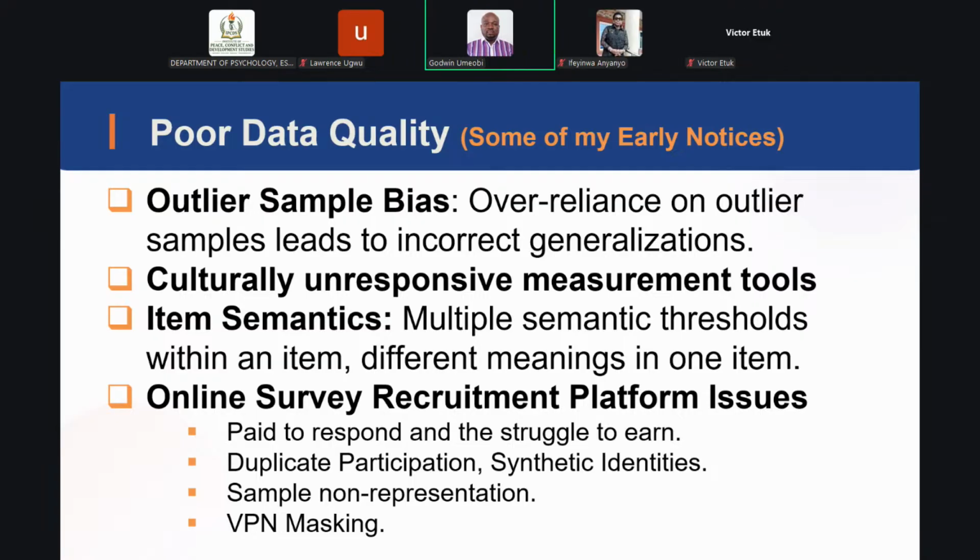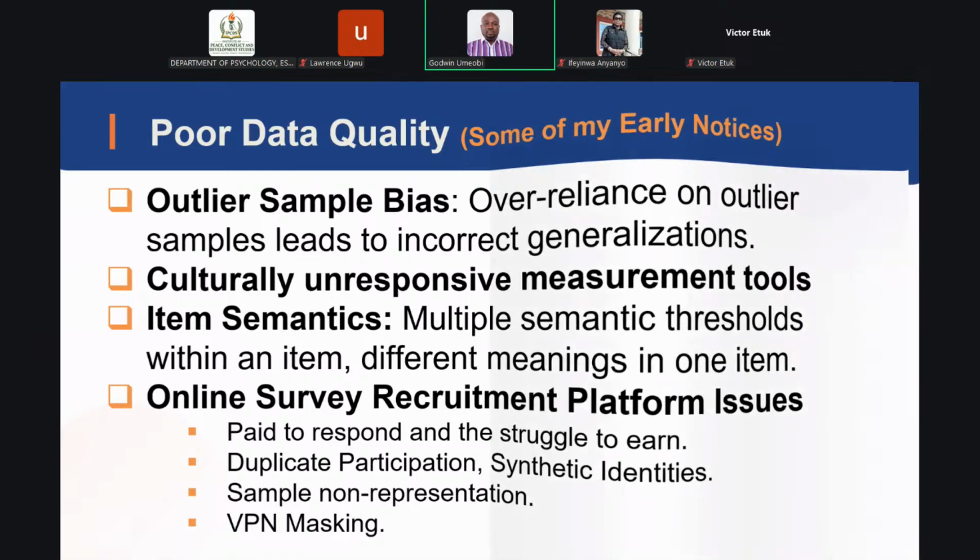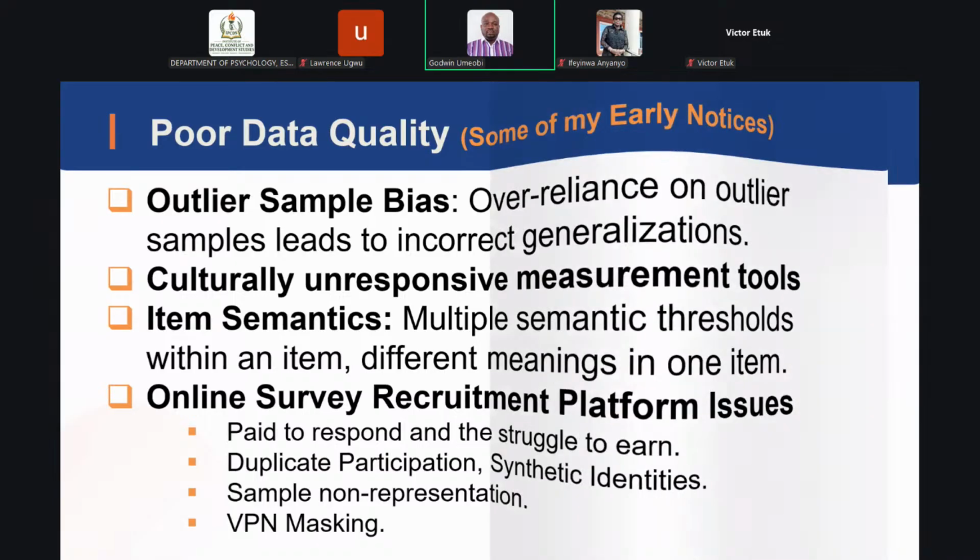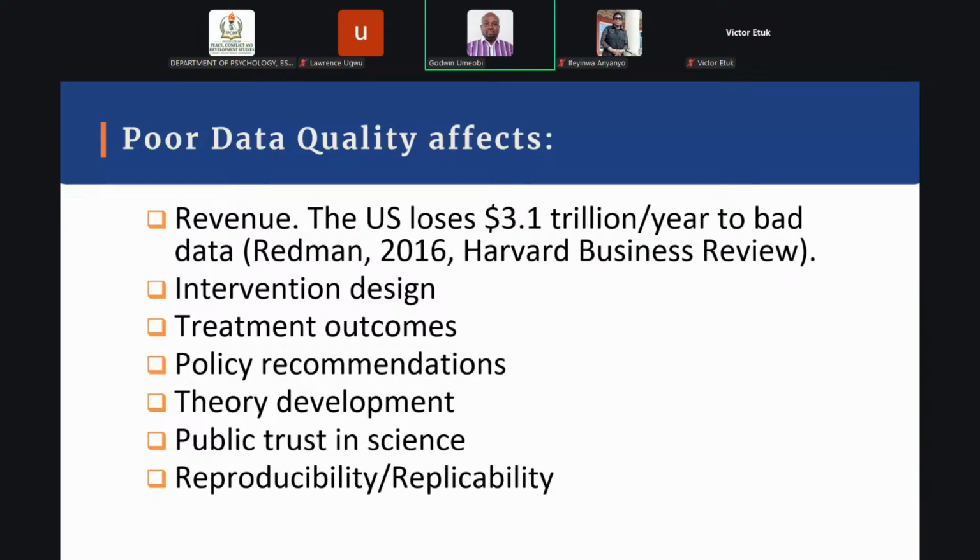And we see that poor data quality does a lot of harm. It affects a lot of things. It affects revenue, intervention design, treatment outcomes, policy recommendations, theory development, public trust in science, and the reproducibility or replicability of studies.